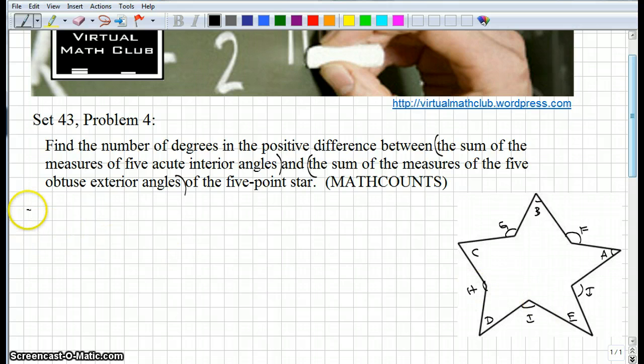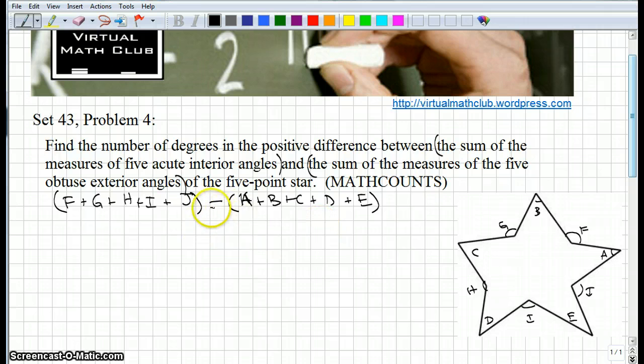I'm going to write it as F plus G plus H plus I plus J. That's the sum of the measures of the 5 obtuse exterior angles, and we want to find the difference between that and the sum of the acute interior angles, so A plus B plus C plus D plus E. That should give us a positive number because these 5 angles are obtuse and these are all acute.